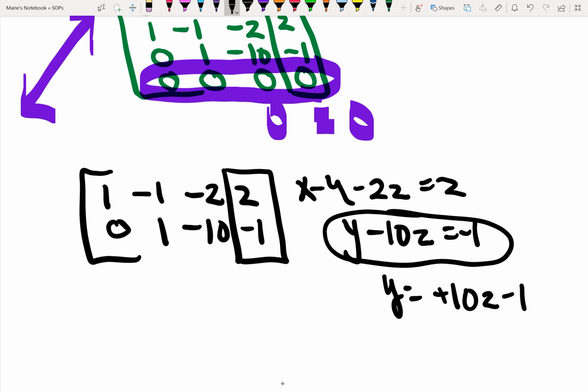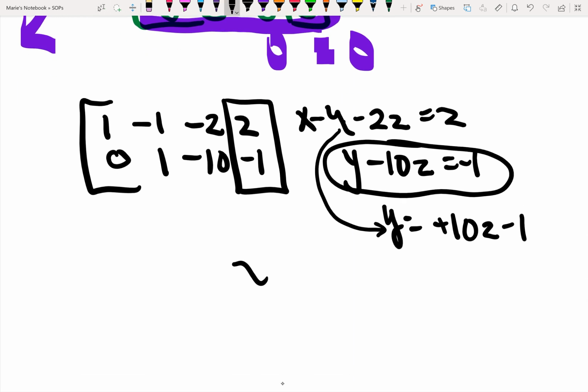What I'll do then is I'll substitute this in here. So I'll bring this up here. So I have x minus 10z minus 1 minus 2z equal to 2.